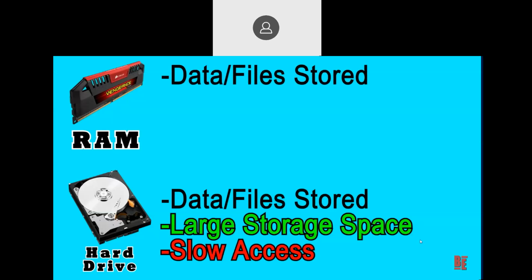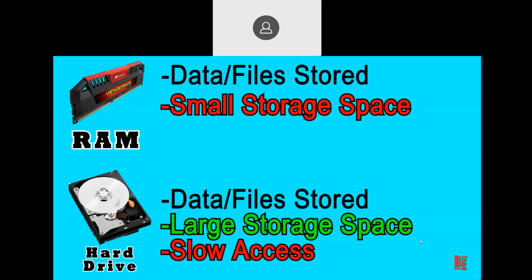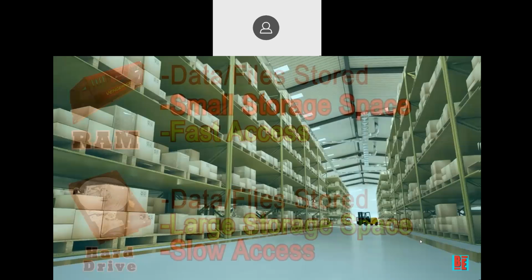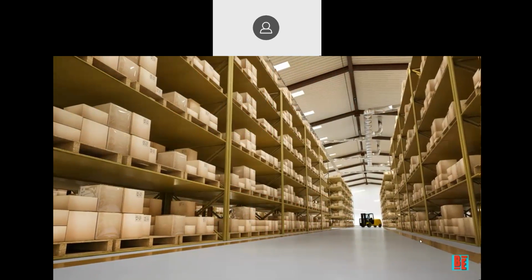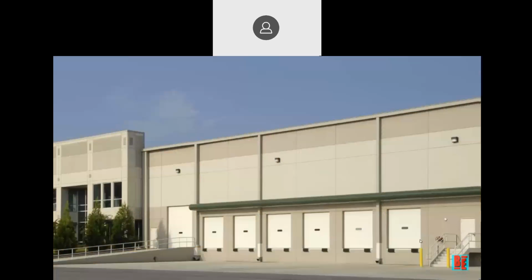RAM is another form of storage. It stores the exact same kind of data as your hard drive, but RAM sacrifices storage space for nearly instant accessibility. Unlike your hard drive, which sends all of its data through a tiny little thin wire, your RAM is arranged in these long, thin sticks that insert into your motherboard. Think about a storage unit. If you have a massive warehouse with only a thin doorway, it's going to be difficult to get in, find what you need, and get out if it's kind of spread all over the place.